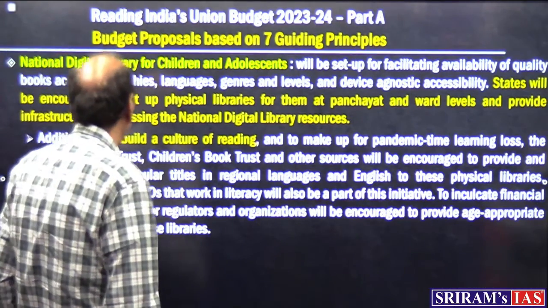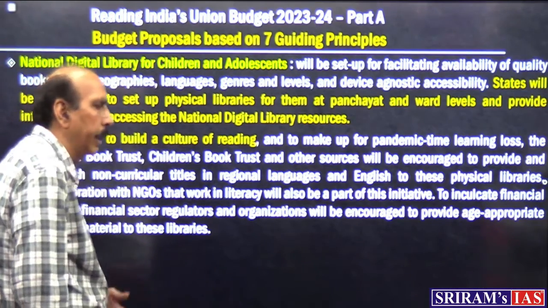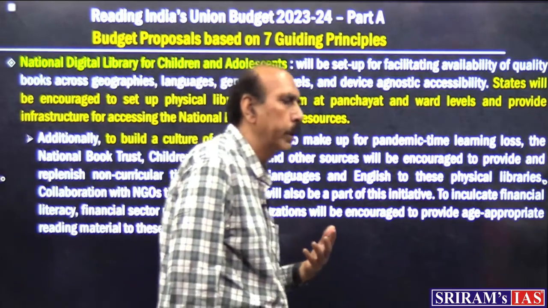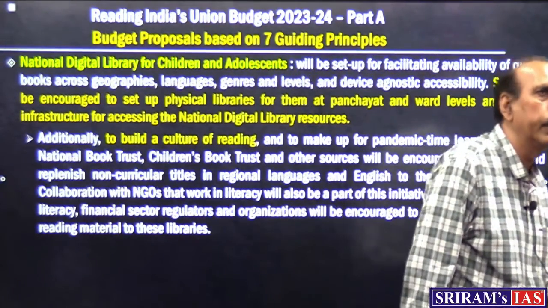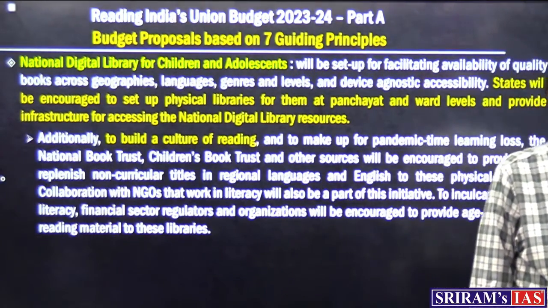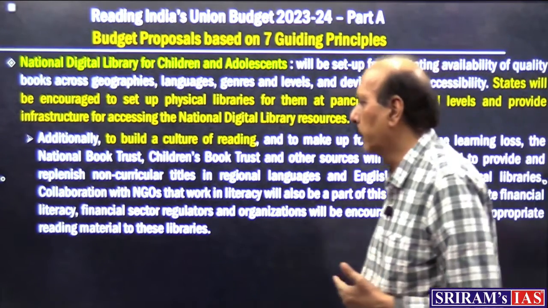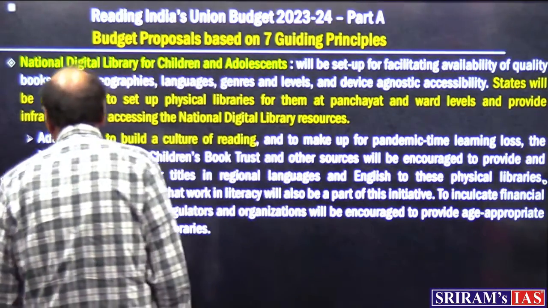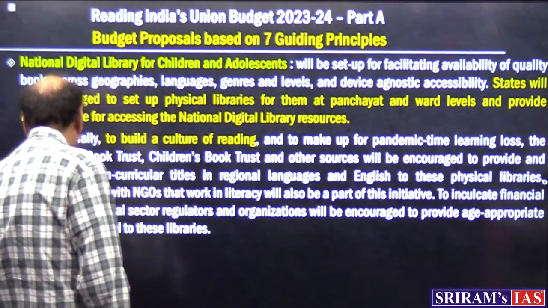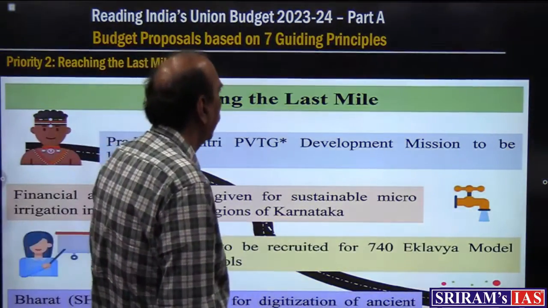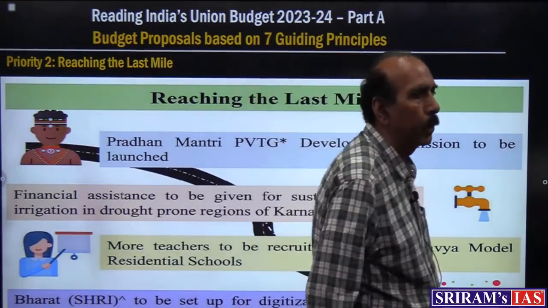Therefore, the government has decided to improve the quality of the workers, skilled workers, both in the health and education sector, because these two sectors are basically governed by the workers.